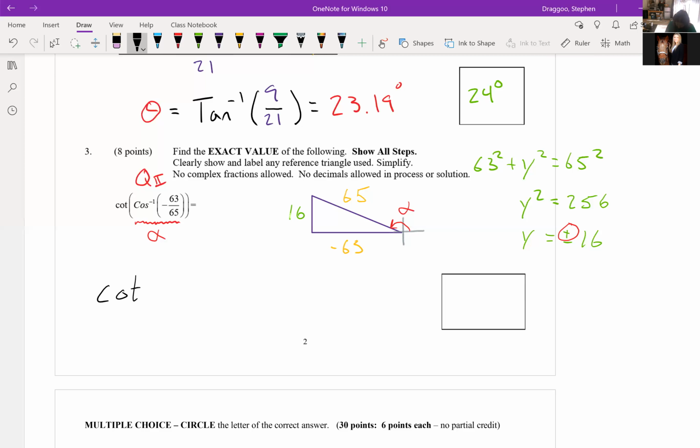The cotangent of alpha, which is just the cotangent of this reference triangle, should be the adjacent side over the opposite side. So negative 63 divided by 16. So that's what goes in the box. Negative 63 over 16.